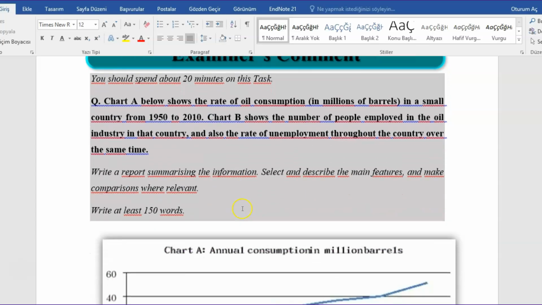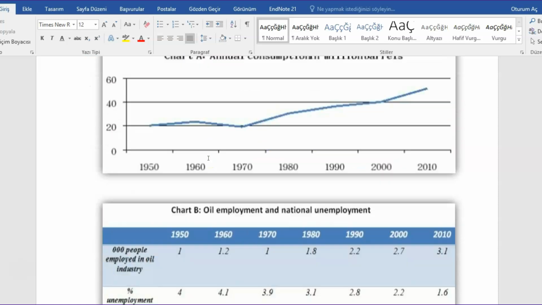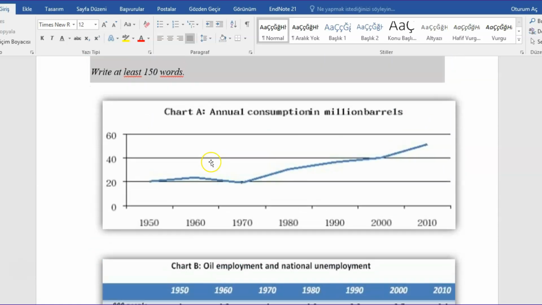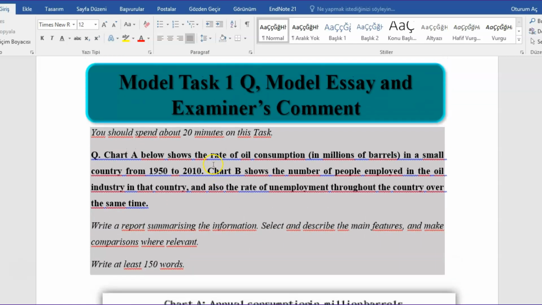Our question here is we have chart A, chart B, right? Two charts, and our question here is chart A below shows the rate of oil consumption in billions of barrels in a small country from 1950 to 2010. Chart B shows the number of people employed in the oil industry in that country, and also the rate of unemployment throughout the country over the same time.